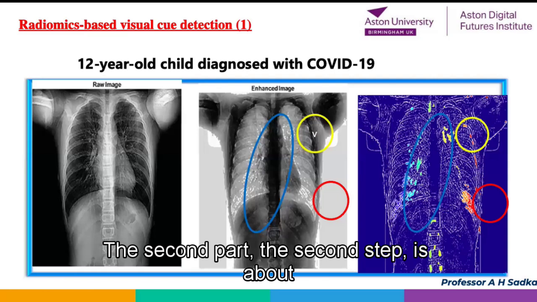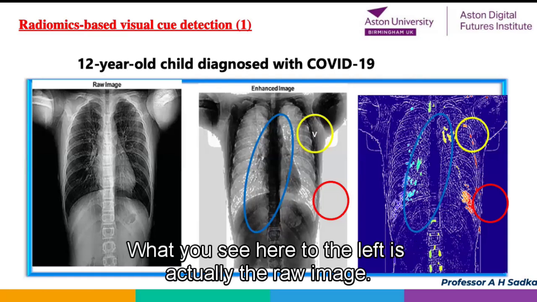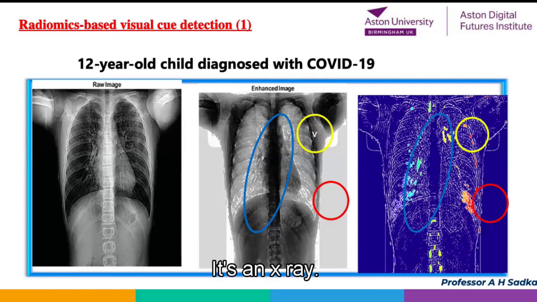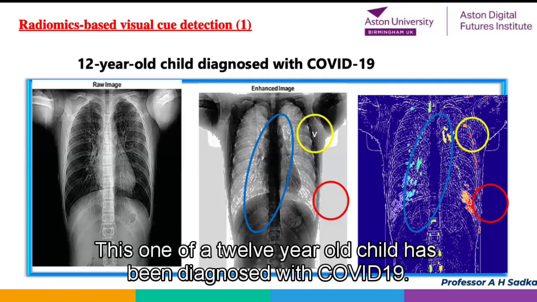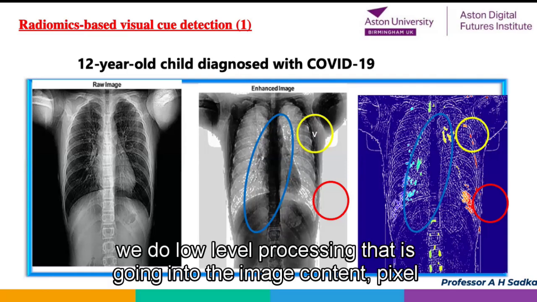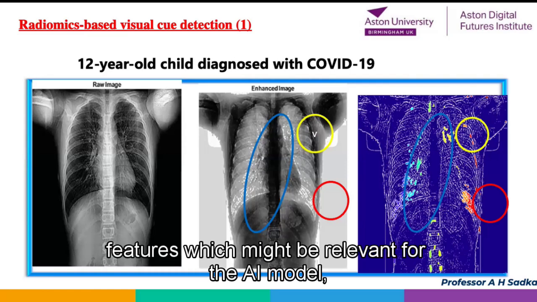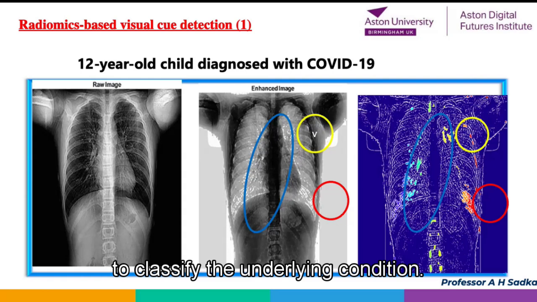The second step is about radiomics. What you see here to the left is actually the raw image. It's an X-ray of a 12-year-old child that's been diagnosed with COVID-19. Now, we do low-level processing, that is going into the image content, pixel by pixel, in order to identify features which might be relevant for the AI model to classify the underlying condition.